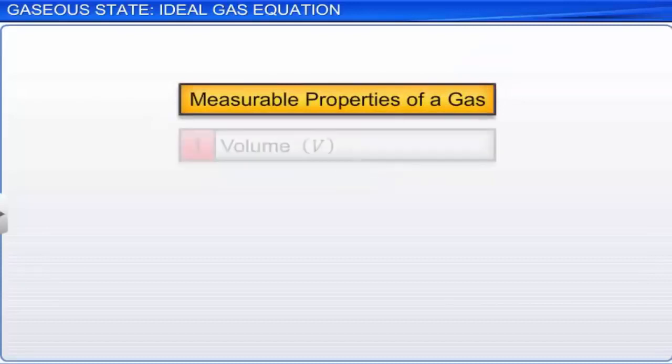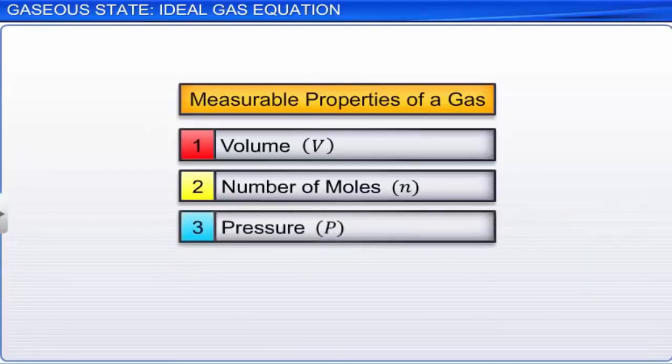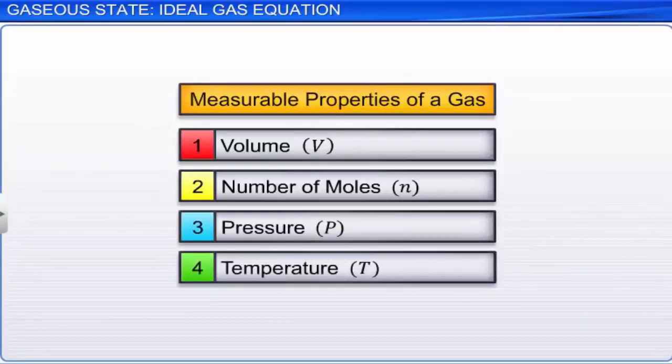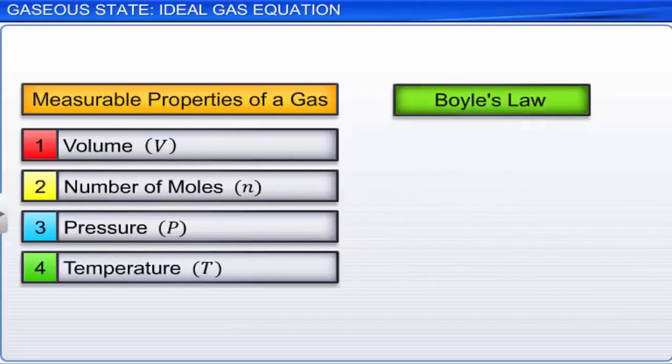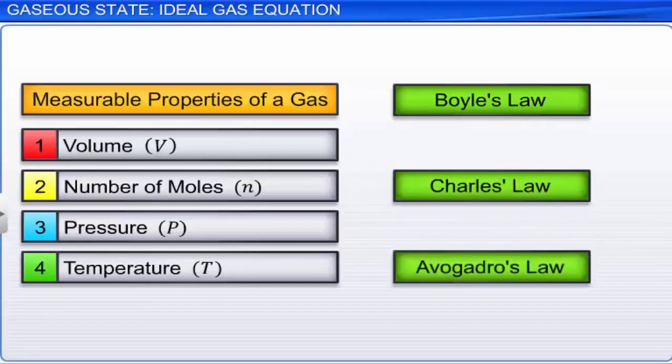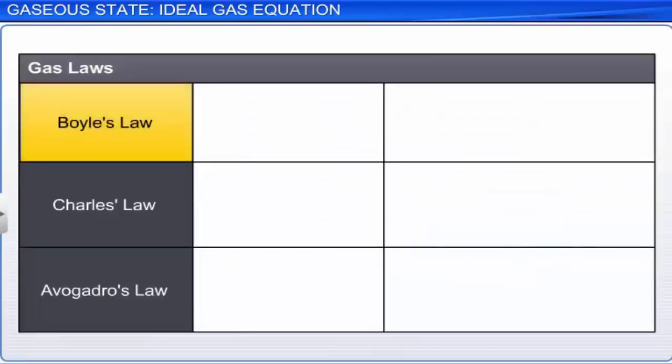We know that volume, number of moles, pressure, and temperature are the 4 interrelated properties that describe the behavior of gases. The relationship between these properties is described by 3 laws: Boyle's law, Charles' law, and Avogadro's law. Boyle's law describes the relationship between pressure and volume.